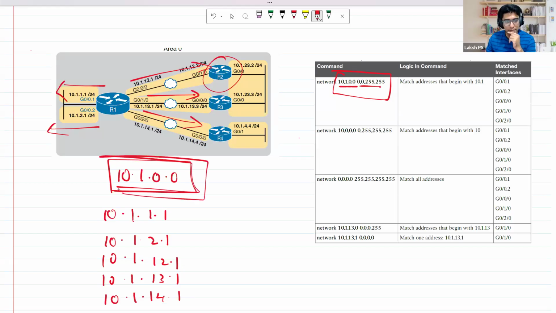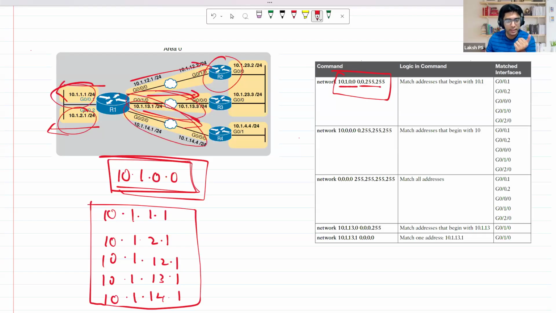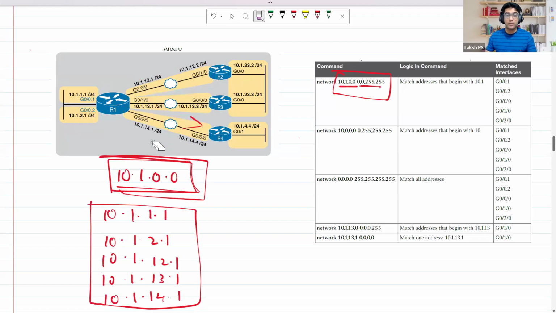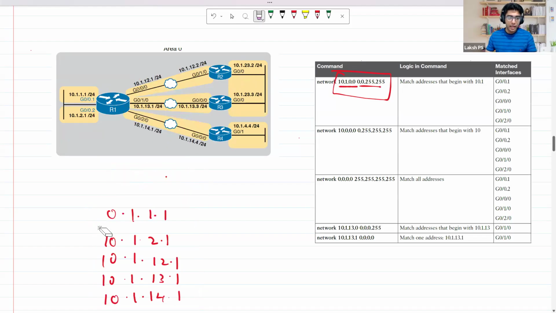This comprises everything, correct? So R2 will eventually know about this network, this network, this network, and this network. Clear? That is how your OSPF is advertising the network to other routers as well. Similarly, R4 will also know about the 13 network, 12 network, 1 network, and 2 network.